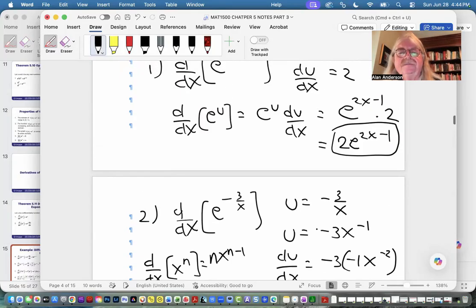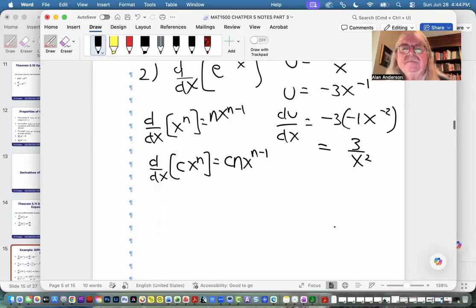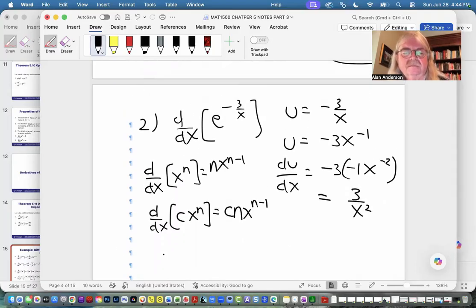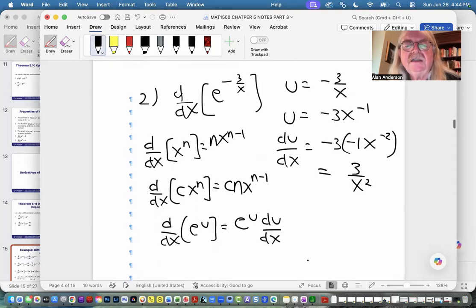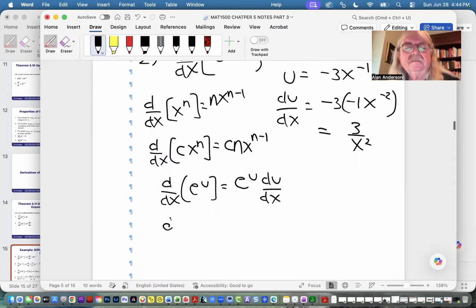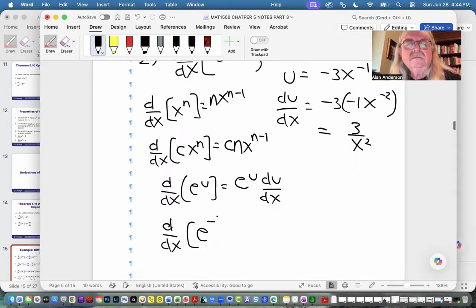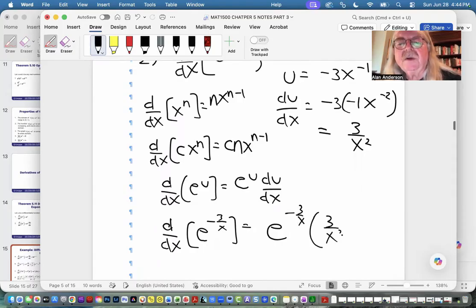So therefore, the final answer will be, based on this result, e to the minus 3 over x times 3 over x squared.